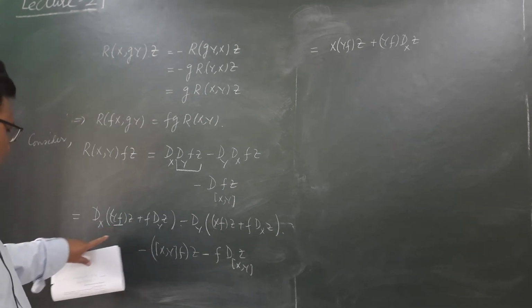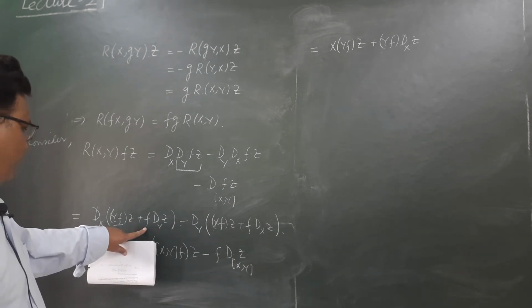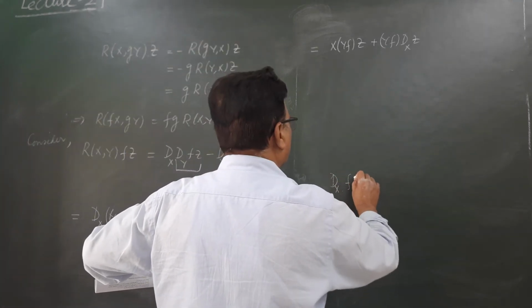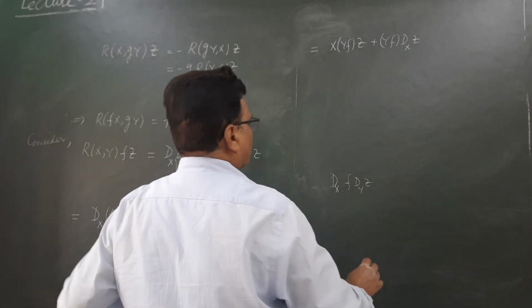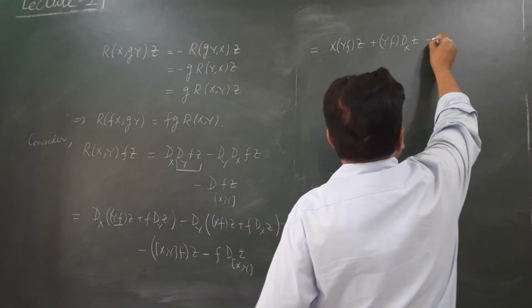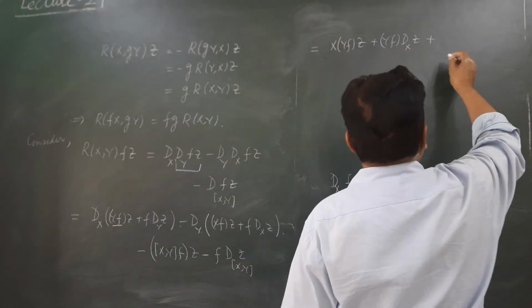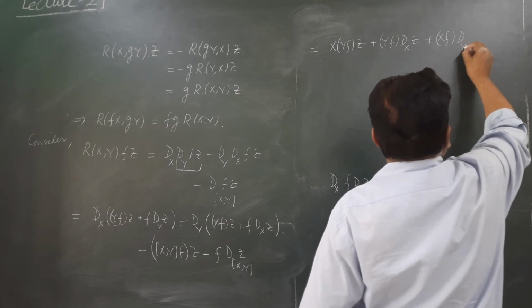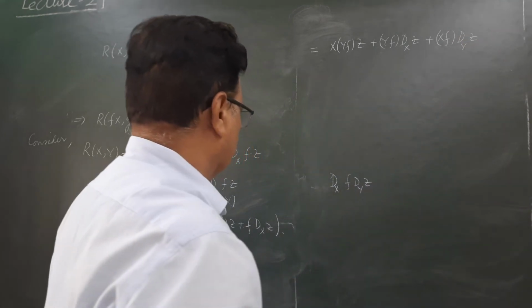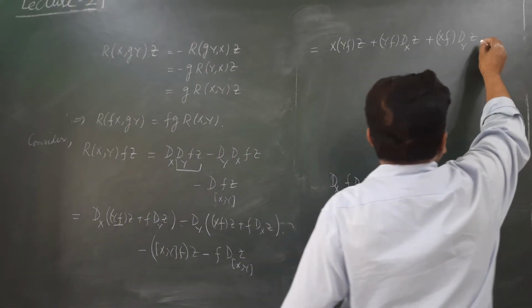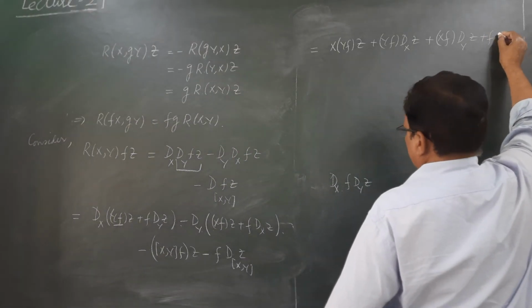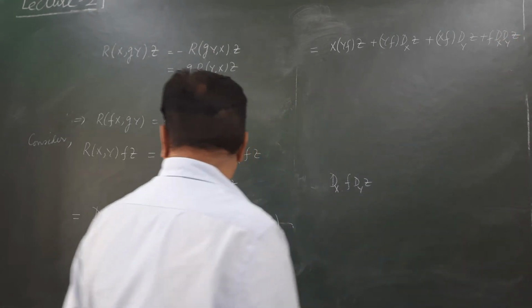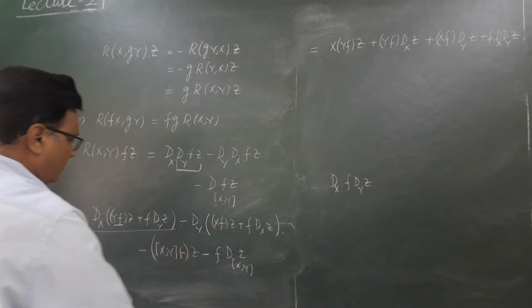What is the second term? dx operating on f times dyz. So how would you deal with it? xf. So plus or minus? Yes, plus xf dyz, plus f out dx dyz. So this term is resolved.